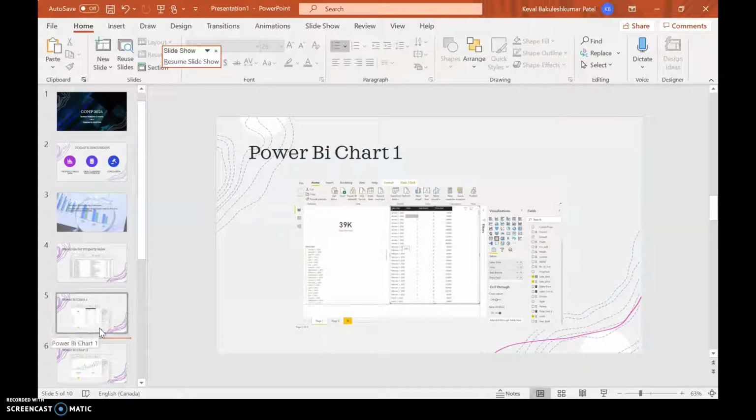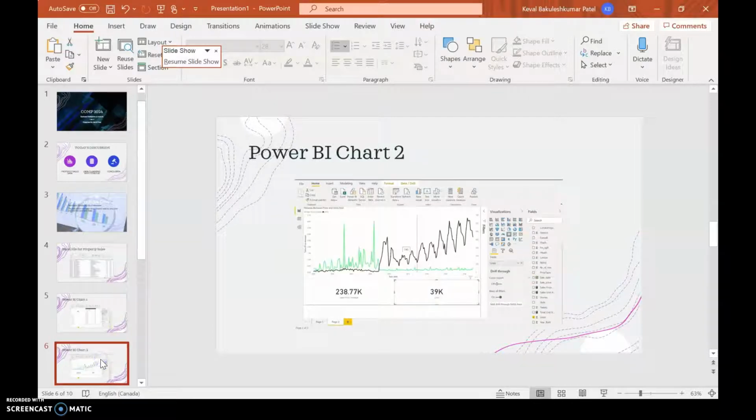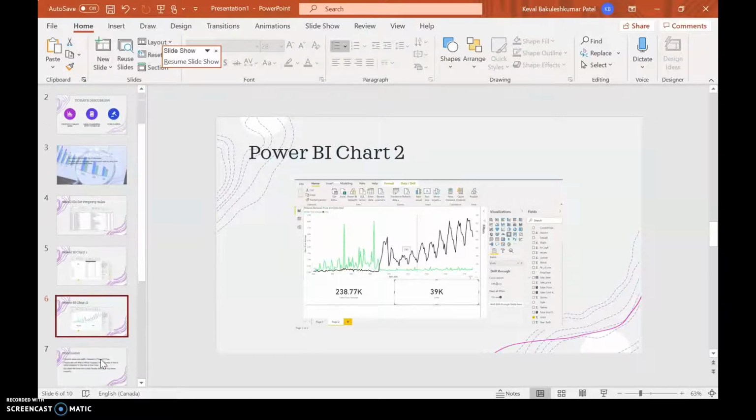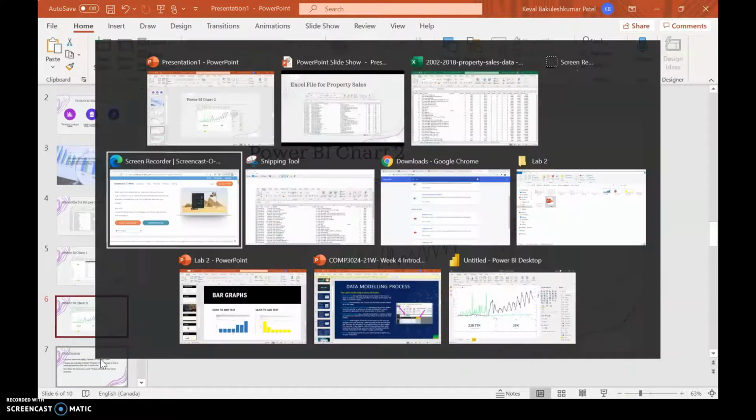In the first dashboard, we get information about the sales and how many properties were sold by a specific date and time. On the second chart, we describe the relationship between how many properties were sold and how much the price was for that property on average. So let's go to Power BI now.